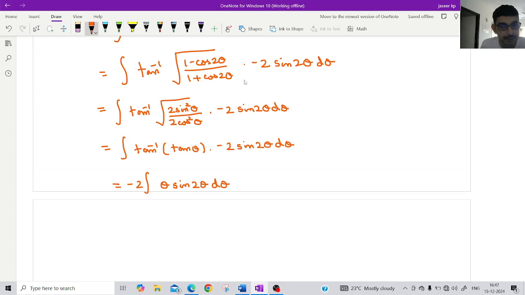This can be integrated by parts by taking theta as the first function and sin 2 theta as the second function.